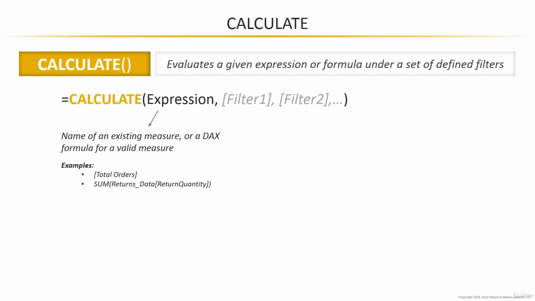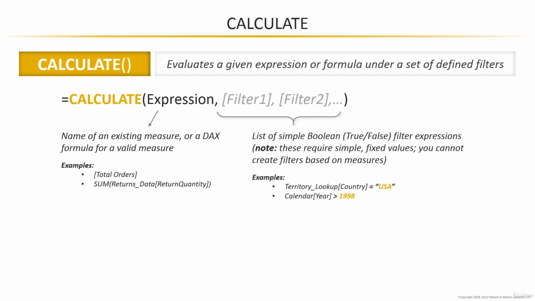And then the second component of the function is this set of filters, this list of simple Boolean, meaning true, false, filter expressions. Now, important thing to note here, these must be simple expressions with fixed values.